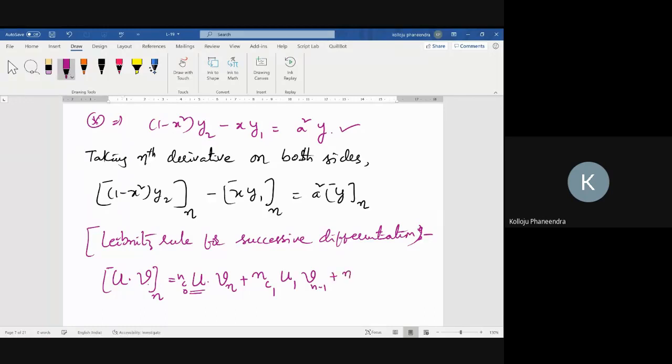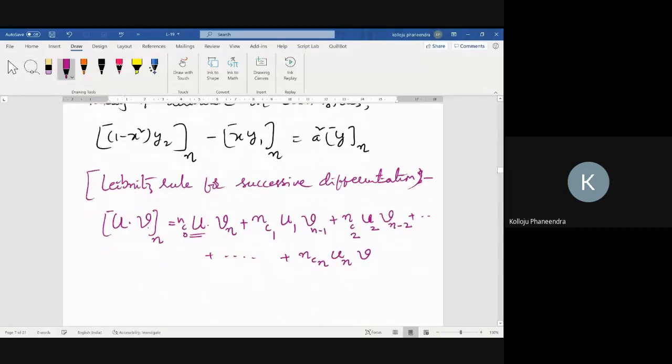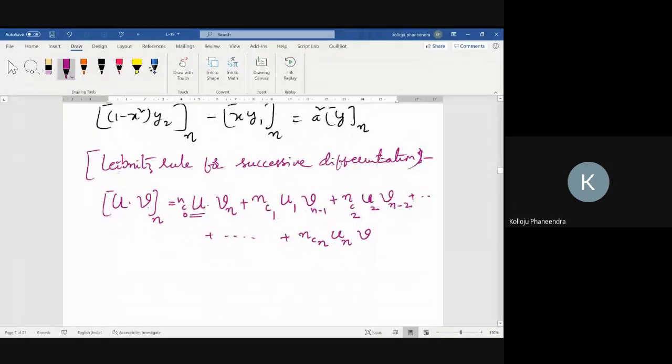Plus next term is nc2, for u one more derivative, increase the derivative of u and decrease the derivatives of v, plus, and so on. What is the last one becomes obviously ncn. For u you will get nth derivative, and for v it's a constant. That means write v as it is. This is the formula of Leibniz rule.